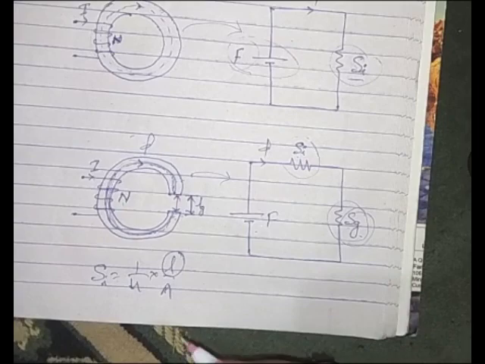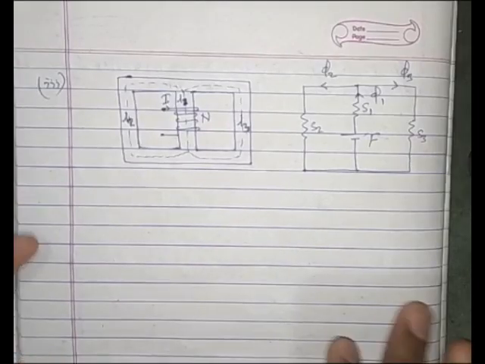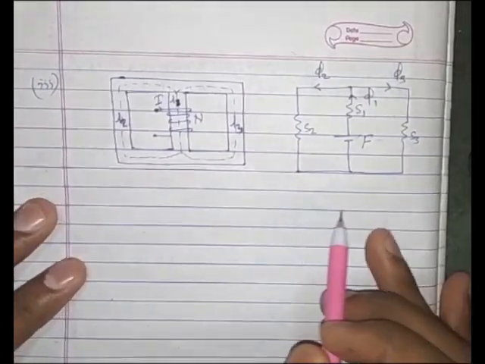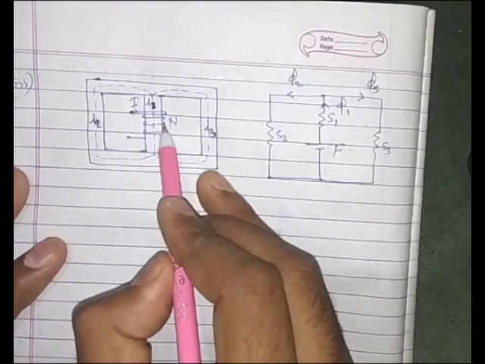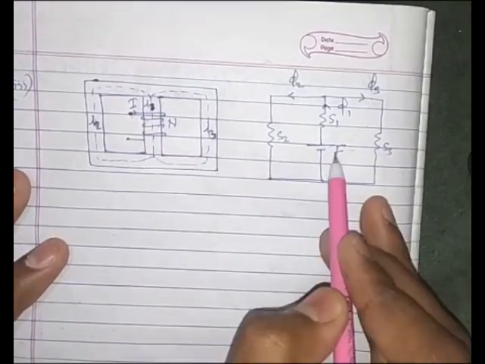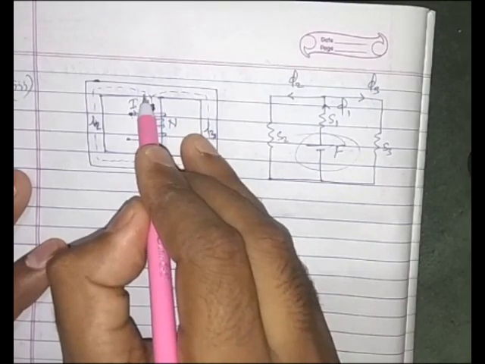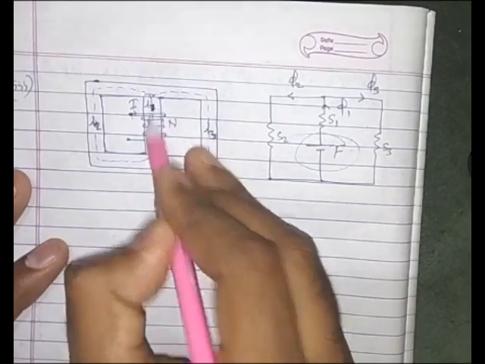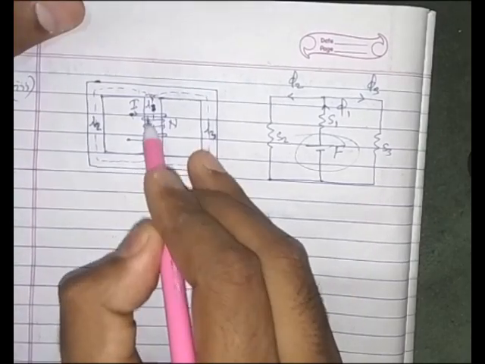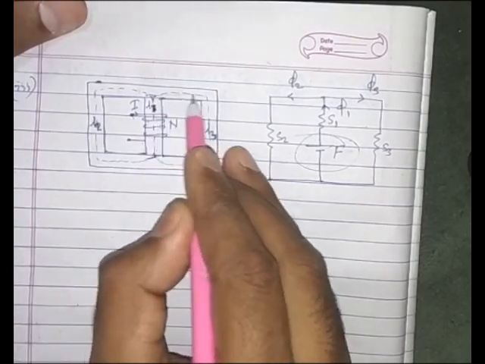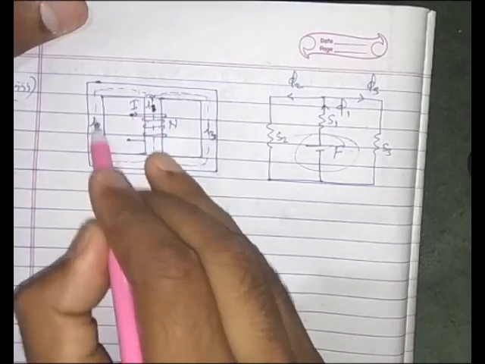in numerical problems. And the third very commonly used magnetic circuit is like this. We can see from here that this is F, and from here to here this is the length of the magnetic circuit L1, the length from here to here is L3, and this is L2.